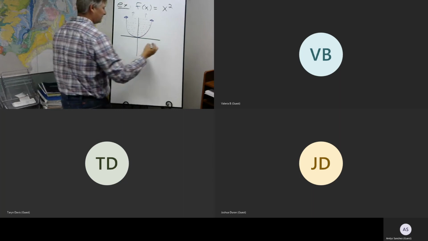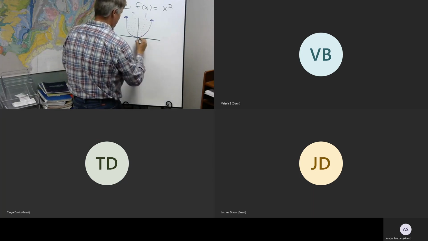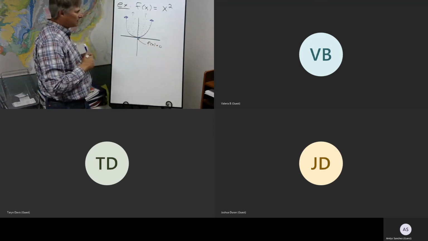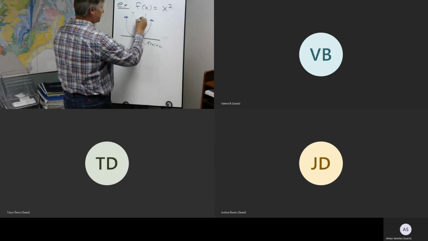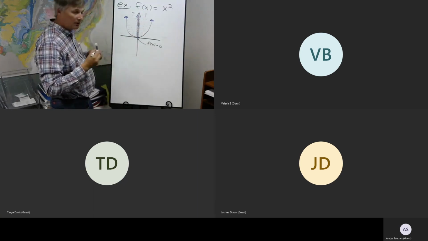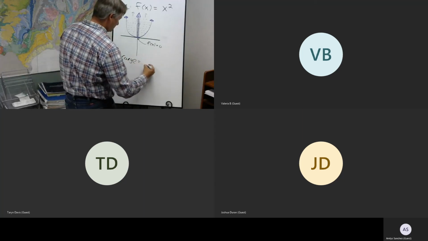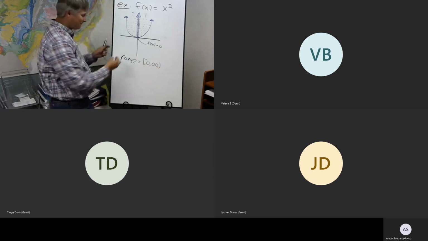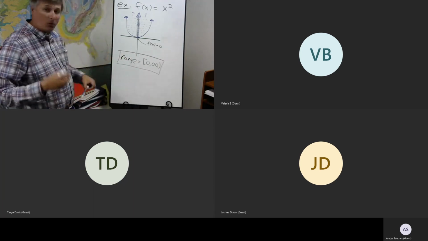So what we have, this is down here at f of x equals 0. Our range is going to be everything starting at f of x equals 0 on up. So the range will be 0 to positive infinity. Questions about that?